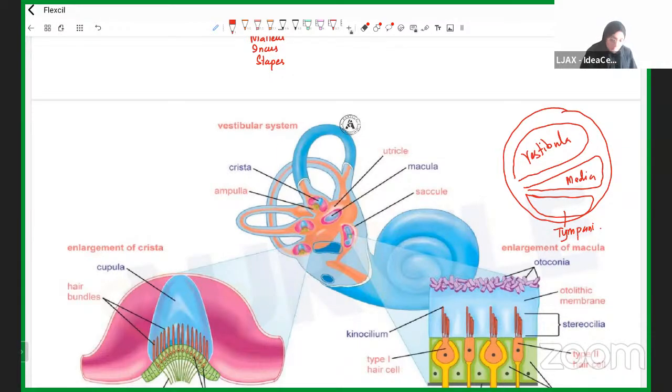Scala vestibuli is the upper part, and scala tympani is the lower part. The organ of Corti and the basilar membrane lie in the scala media. Here is where you see the organ of Corti. We'll zoom in and understand what happens there as well.